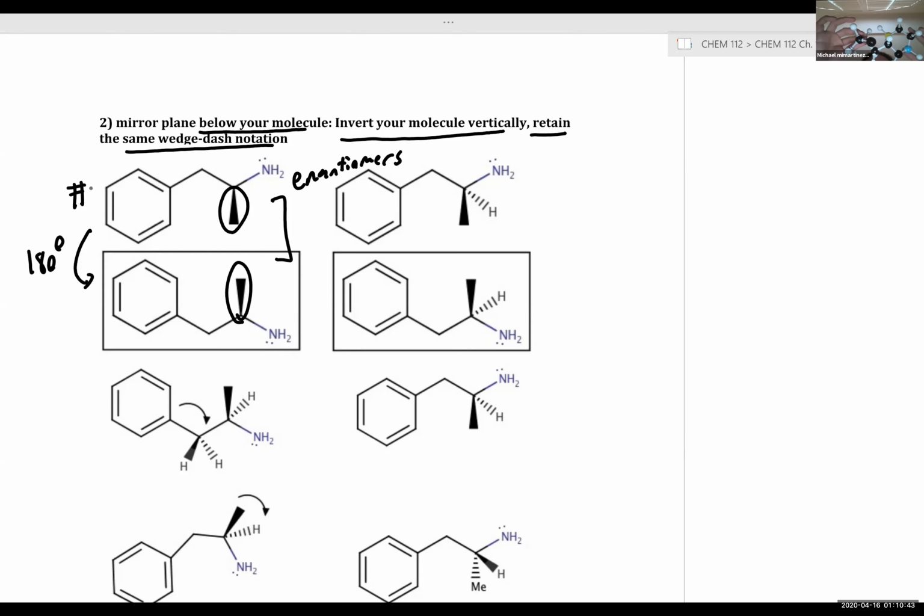Now, to draw the enantiomer, I am going to flip my stereocenter, and then I'm going to invert my molecule 180 degrees. Let me show you the molecule now after we have inverted.